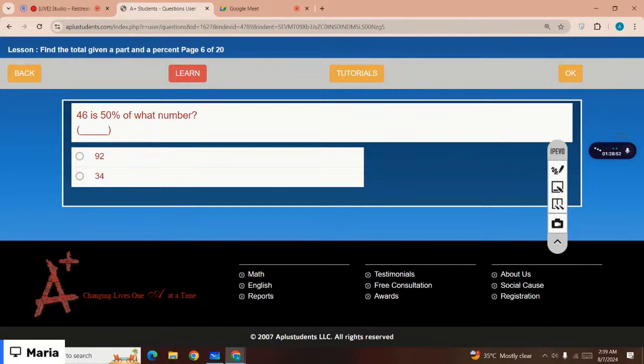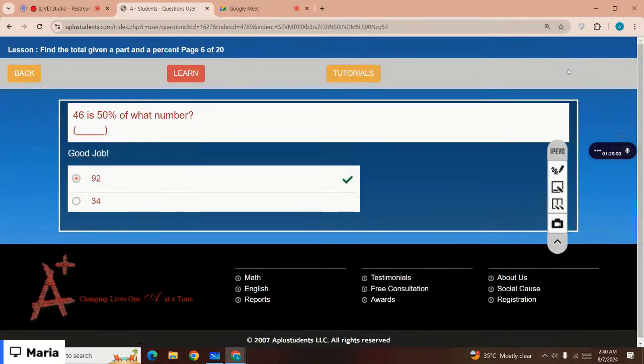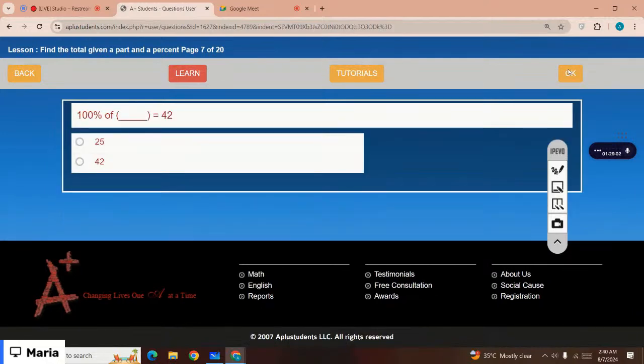That is 92. The correct option is option number 1, 92 it is. 100% of 42 is 42, right?